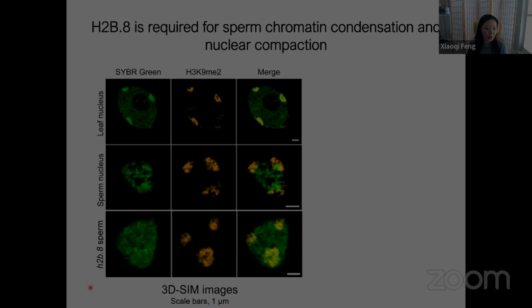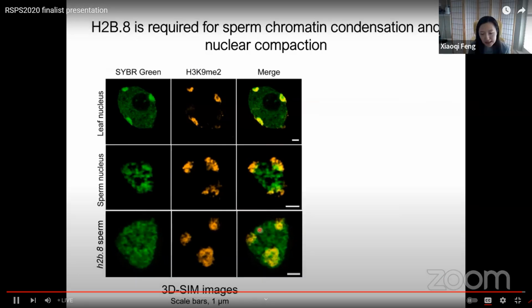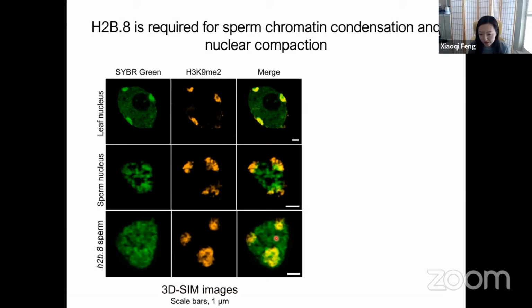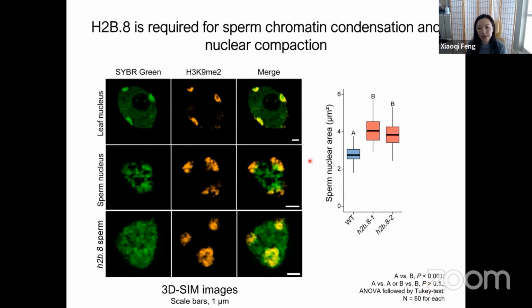Now in the mutant, you can see that the euchromatin condensation is reduced. This is actually hard to see from just one picture, but here are the quantifications that show that the euchromatin foci are smaller and less intense in the H2B.8 mutant. And we found the sperm nuclei are enlarged in the H2B.8 mutants.